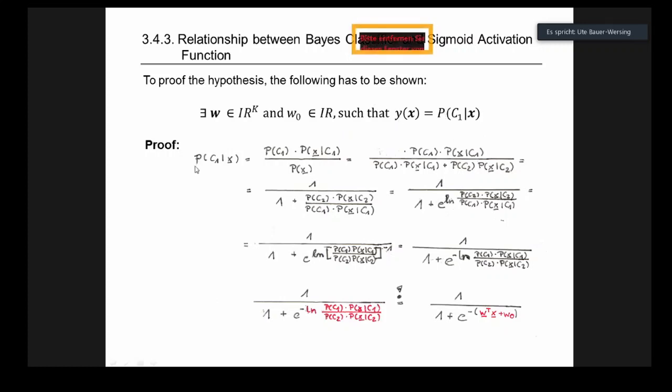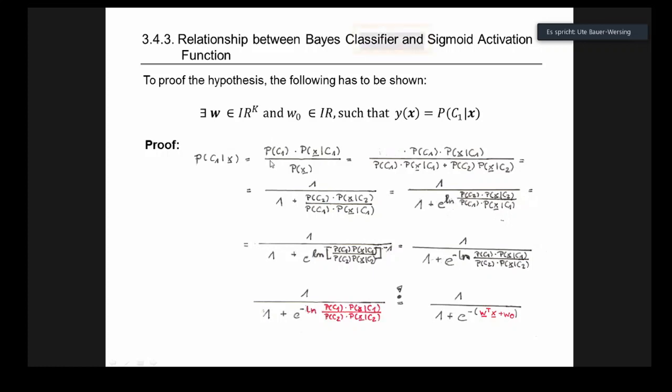And we are starting with this posterior probability. So we have X at hand, and we want to know the probability of X belonging to C1. So we apply Bayes' rule. This is a posterior, we can apply Bayes' rule to it.